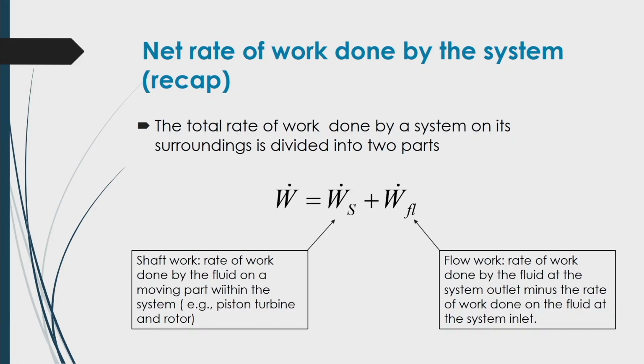If you subtract these two quantities, you get the net energy supplied to the system, and this will equal the summation of all changes of internal energy, kinetic energy, potential energy, and flow energy. Whenever the system is working, the net work done by the system will be the summation of two works: one is called the shaft work, and the other is called flow work.